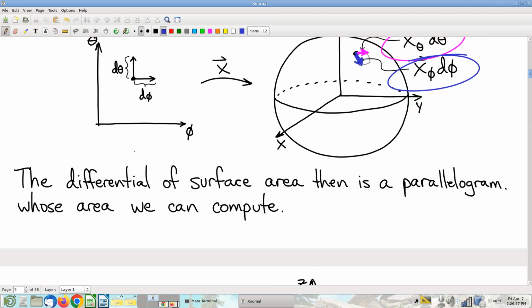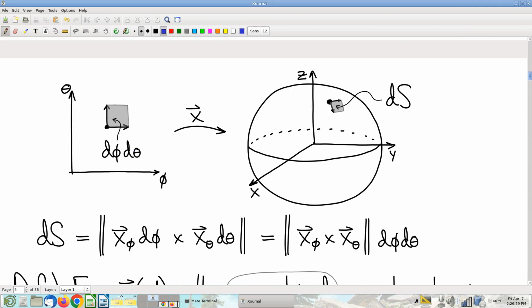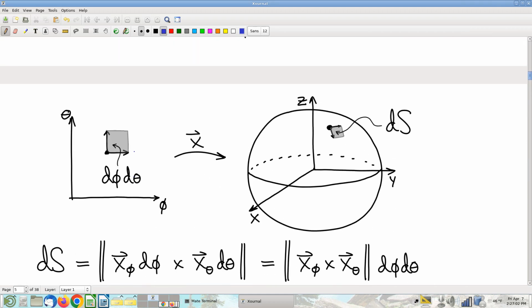Now, this is a circumstance we've kind of seen before, sort of. Let me redraw all of this. Corresponding to an input differential d theta, here's our output differential, x theta d theta. Corresponding to our input differential d phi, here's our output differential, x phi d phi.